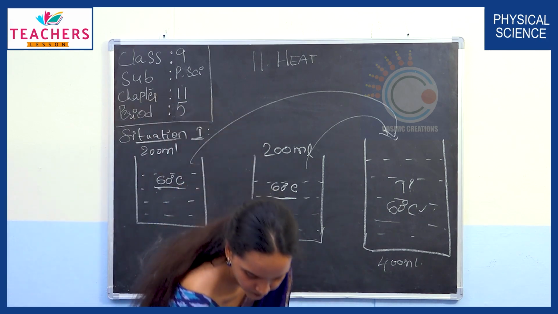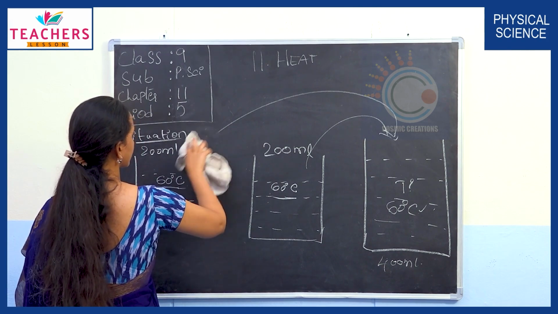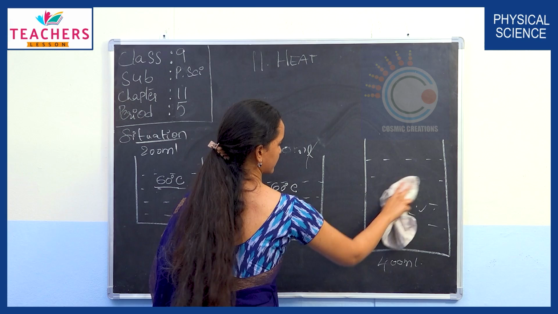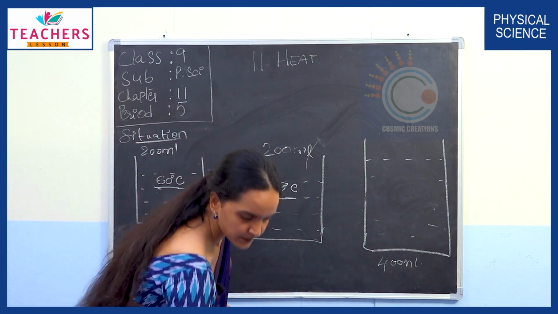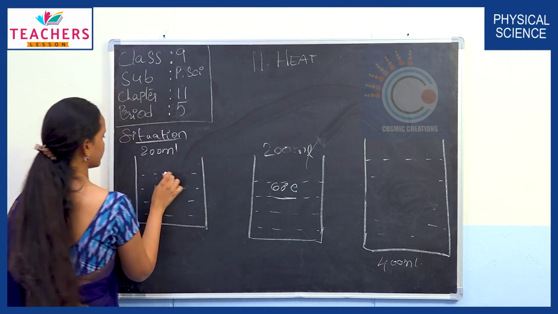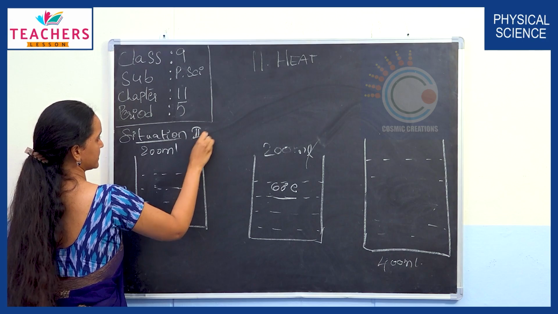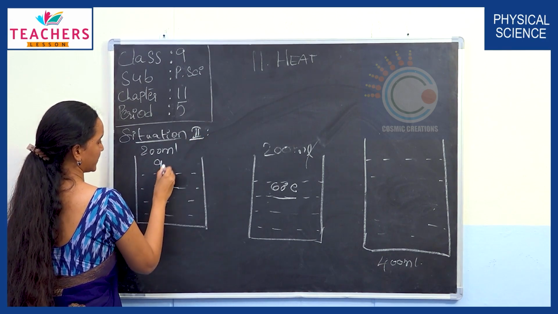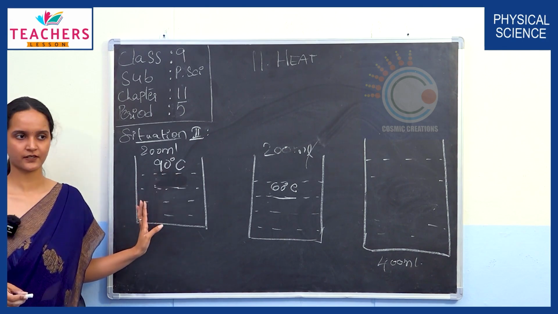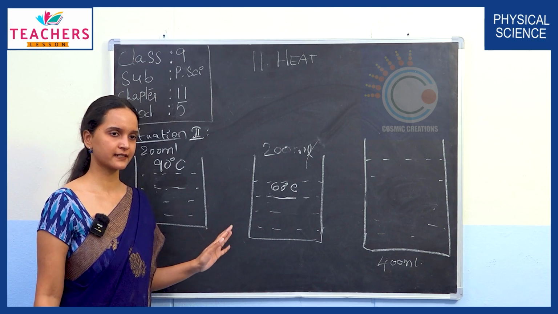Okay, now I'm gonna change this. Think of another situation. So now we have 200 ml water here, but this time the temperature of the water in this beaker is 90 degrees Celsius and temperature of water in the second beaker is as it is 60 degrees Celsius.